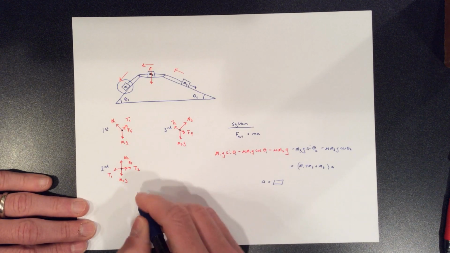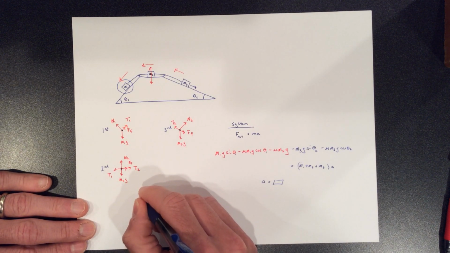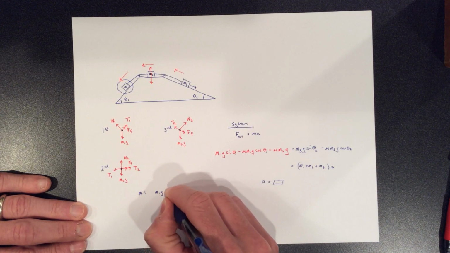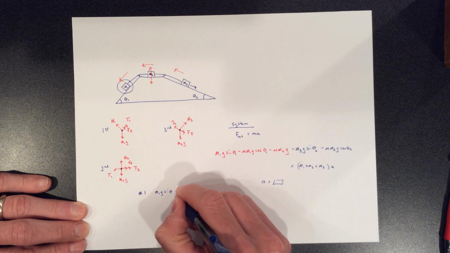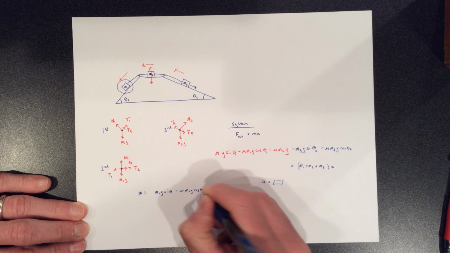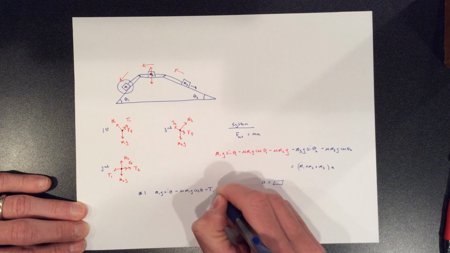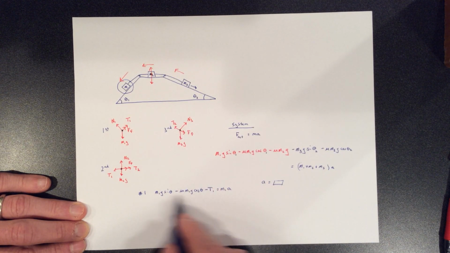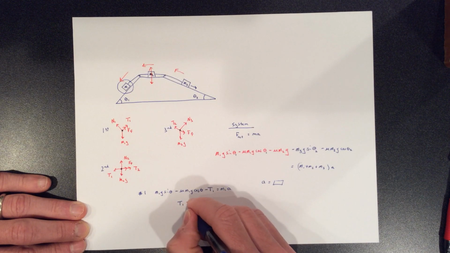And again, if I looked at just box 1, looking at number 1, we would say that M1 g sine theta minus mu M1 g cosine theta minus T1 equals M1 A. And if you knew the acceleration, boom, this would solve for T1.